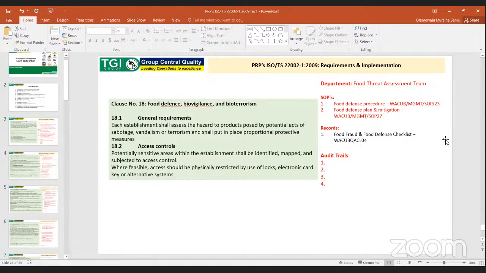Now, the very important aspect of the stage 2 audit is the practical implementation. That is very important, and that is why this training module is positioned the way it is.